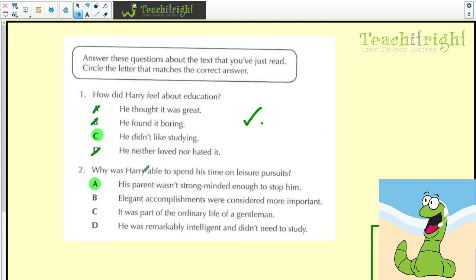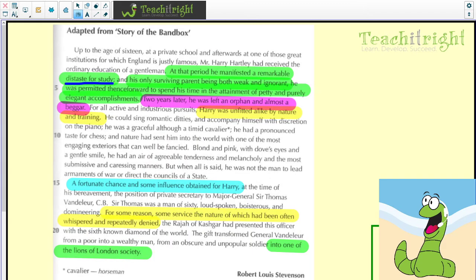Question 2, why was Harry able to spend his time on leisure pursuits? If we go back and look at lines 6 to 8, I think it's 6 to 8. Well, actually, no, it was a little bit earlier than that. It was, I think, lines 4 and 5 here. So it says here, he was permitted henceforth to spend his time in the attainment of petty and purely elegant accomplishments.